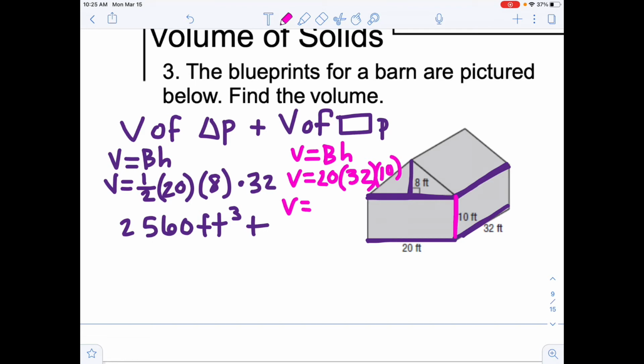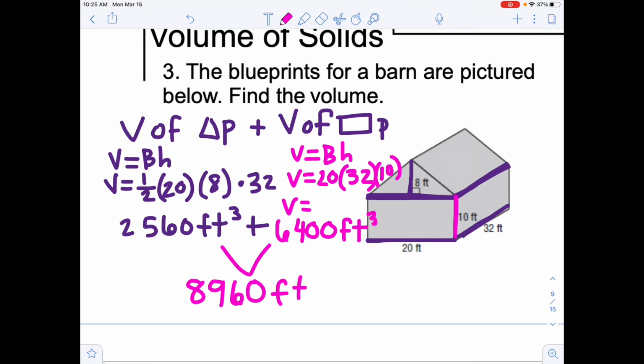So the volume equals 20 times 32 times 10, which is 6,400 feet cubed. Okay, I'm just going to add those together to find my total. And I get that the total volume is 8,960 feet cubed.